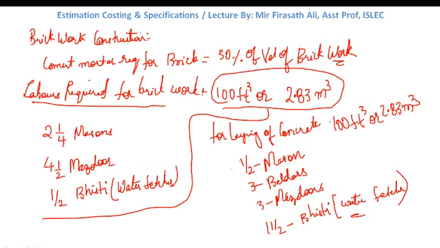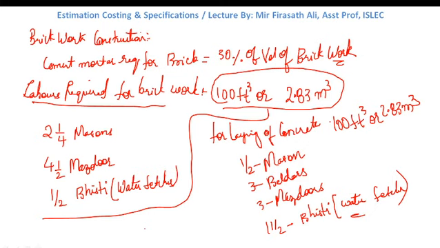See, these capacities and number of labors for laying, we get from the standard schedule of rates. The Central Public Works Department issues the standard schedule of rates and capacity of these masons. From those data we get the standard values.